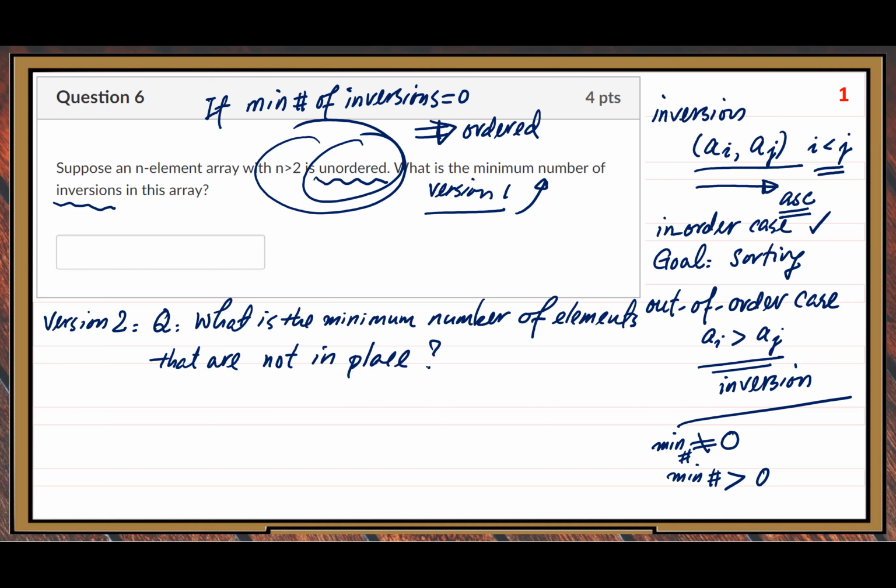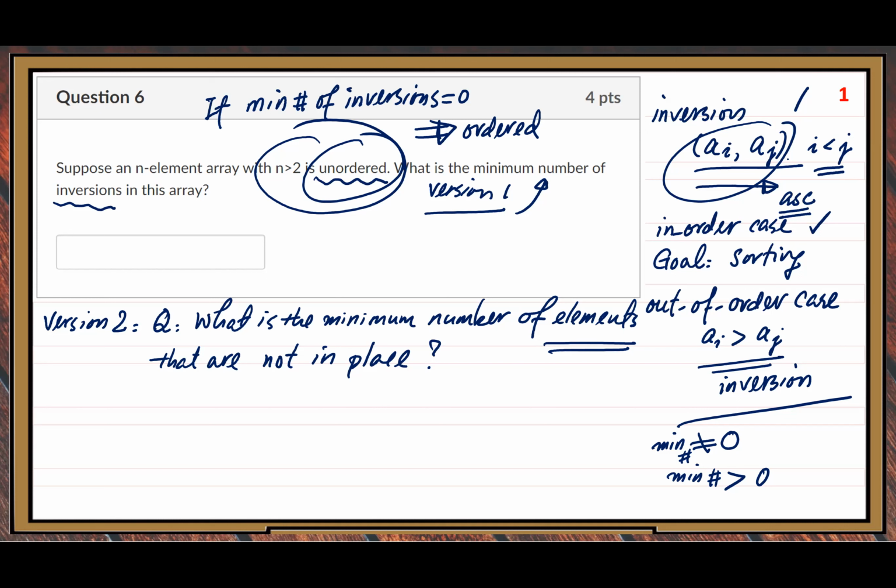Now you can see version 1 and version 2, the questions are different. Although they are closely related, the answers should be different. Here, I ask you the minimum number of elements, not inversions. One pair is one inversion, but that one pair of inversion involves two elements.